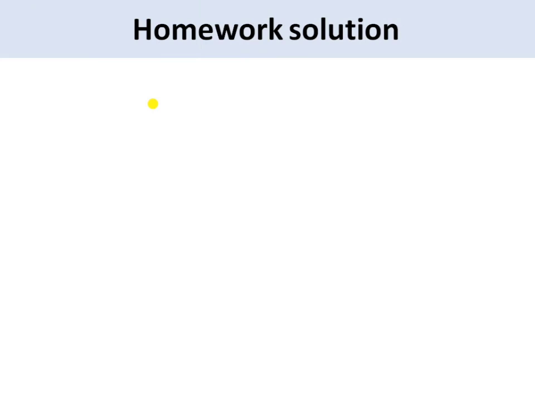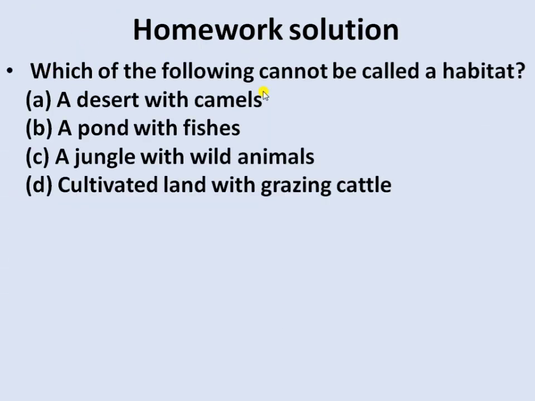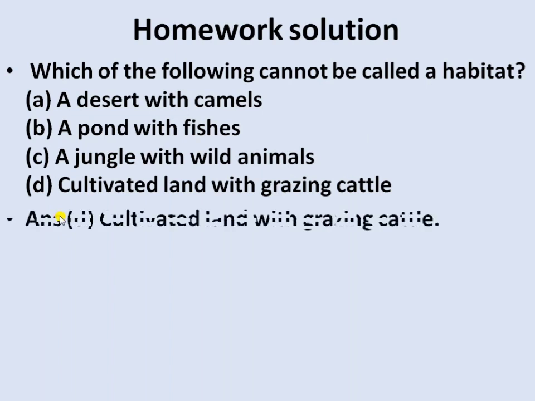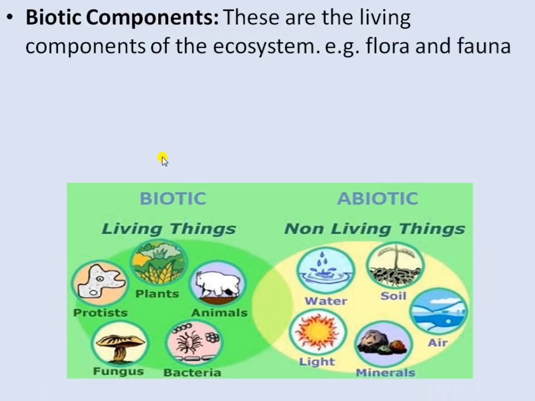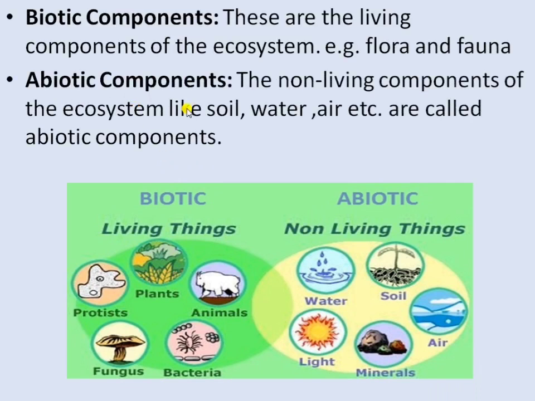Next is the homework solution of lecture number 1. The first question: which of the following cannot be called a habitat? A desert with camels, a pond with fishes, a jungle with wild animals, and cultivated land with grazing cattle. The answer is cultivated land with grazing cattle, which is not a habitat. Question number 2 was about the biotic component and the abiotic component.